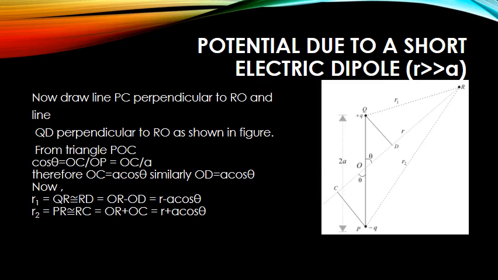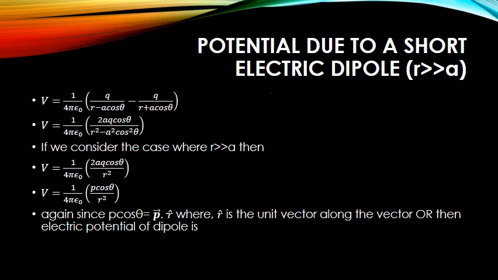Similarly, the distance r2 is equal to r plus a cos theta. Let us substitute these values of r1 and r2 in equation 1. We get V equals 1 by 4 pi epsilon 0, q by r minus a cos theta minus q by r plus a cos theta.